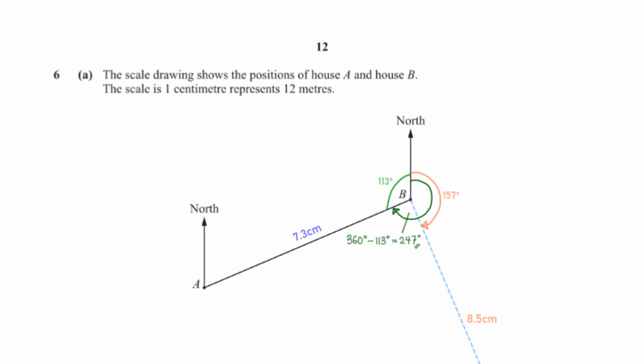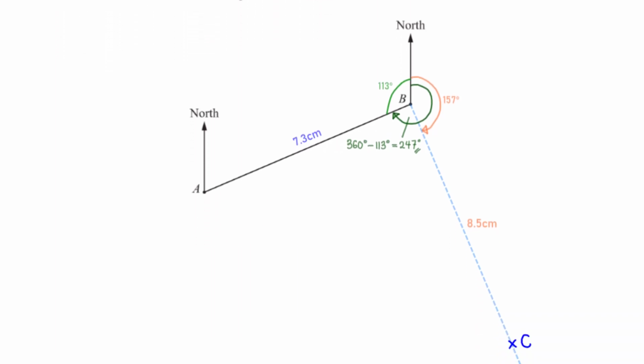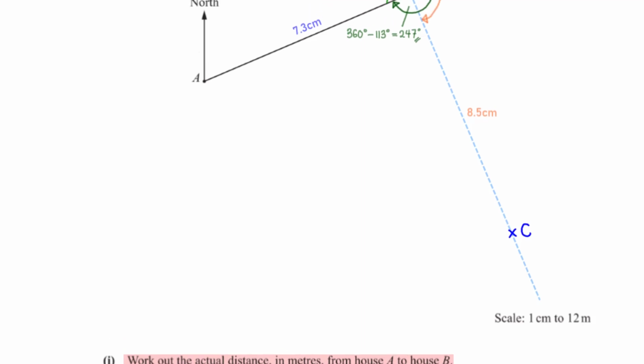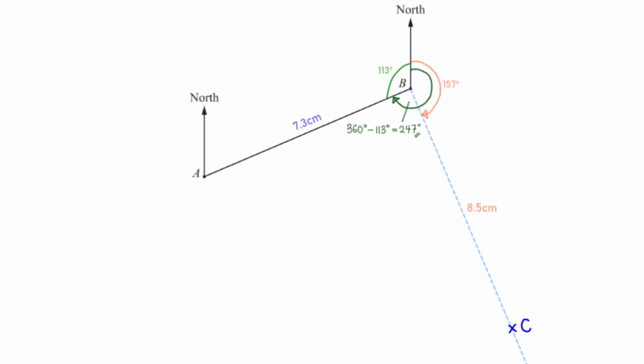The scale drawing shows the positions of house A and house B. The scale is 1 centimeter represents 12 meters. Work out the actual distance in meters from house A to house B. When we measure the distance between house A and house B on the scale drawing, we get 7.3 centimeters.